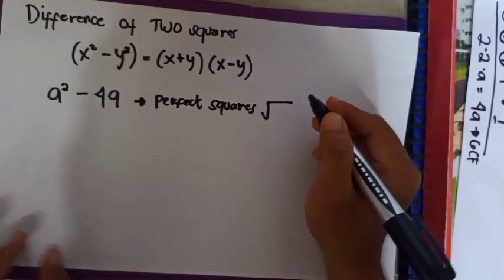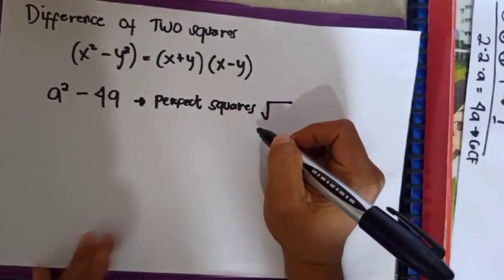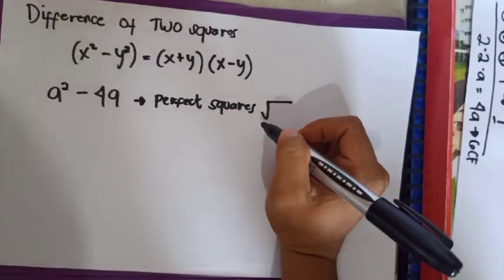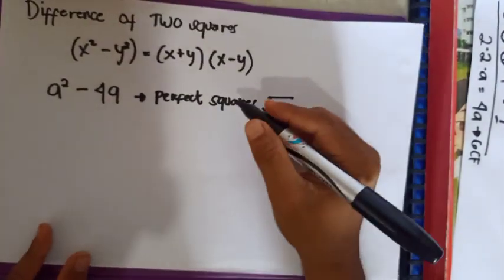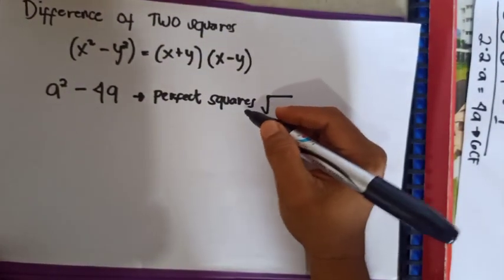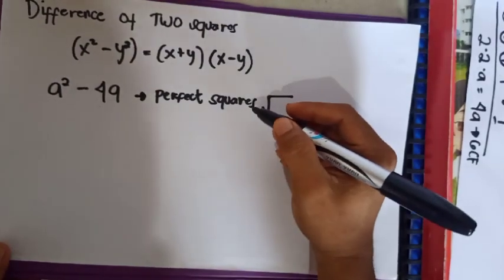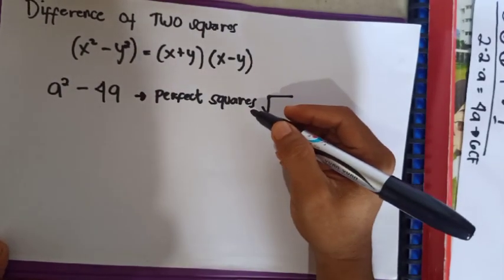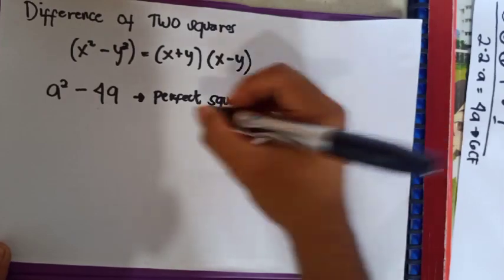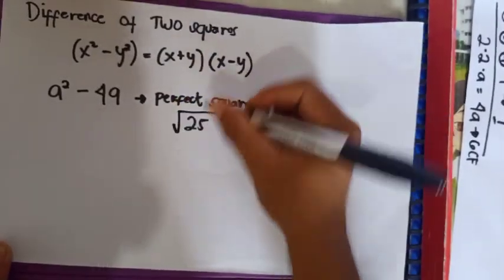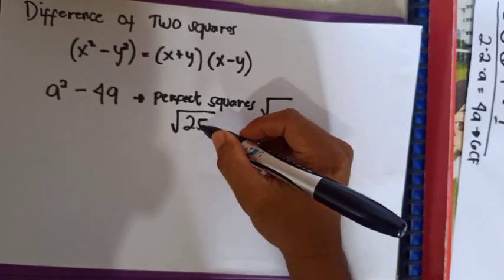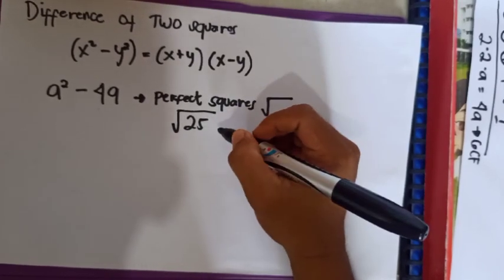Now what are perfect squares? Perfect squares are numbers or integers that, if we find their factors, will be two equal integers. For example, we have the square root of 25. Is 25 a perfect square? Let's try to find the square root.